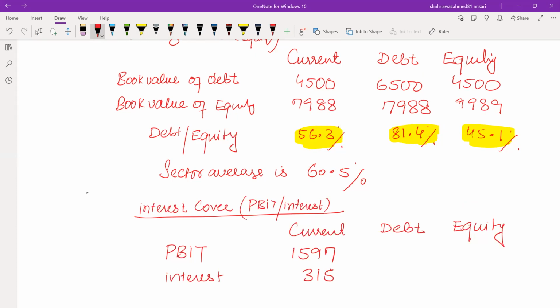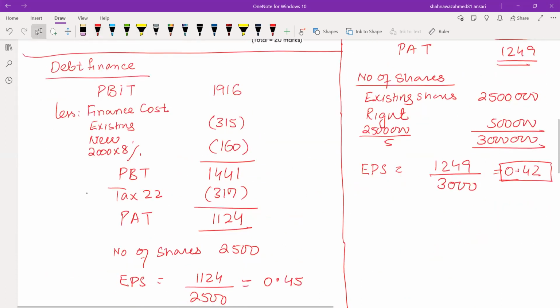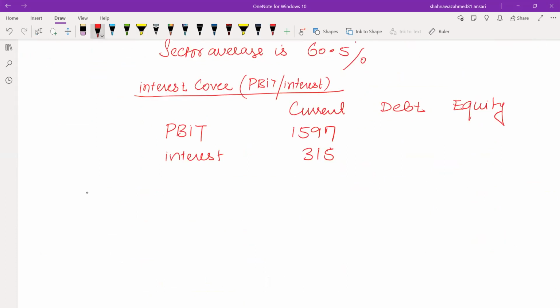In case of debt financing, the revised PBIT is 1916. It's 1916. Same in equity financing. In case of debt financing, the interest is now 475, and here it is 315.